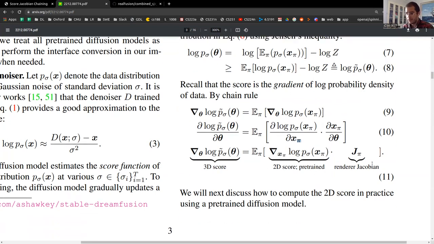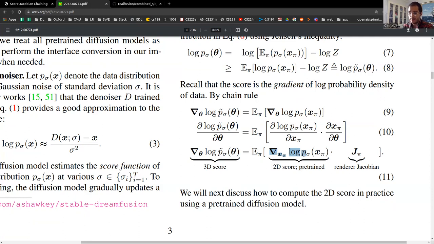Again, moving on to equation 11, it's just reframing the same thing. It's just giving names to the things that 10 named. The first part is a 2D score, the gradient of the log probability of this image in image space, in 2D space.